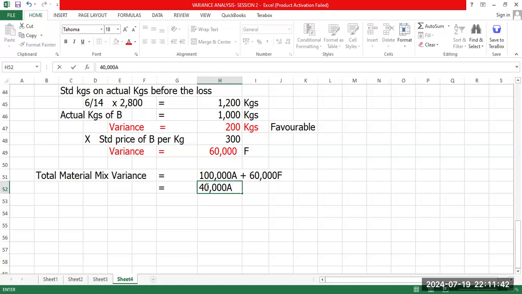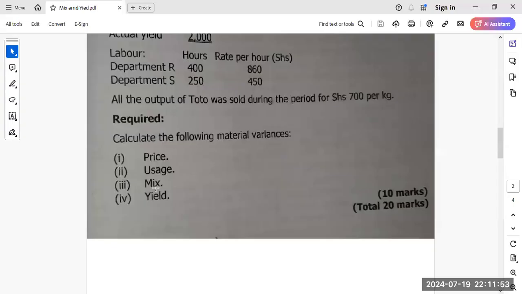So this is adverse if the figure is negative. So you are done with that. We are done with Roman 3. We get material yield.